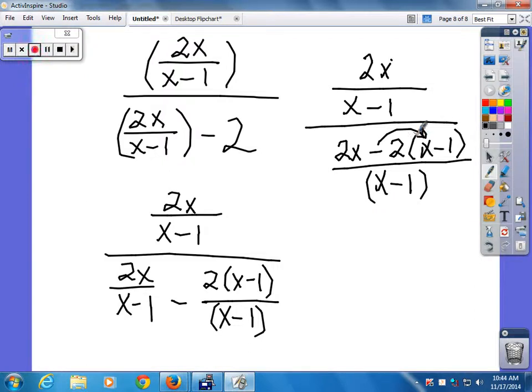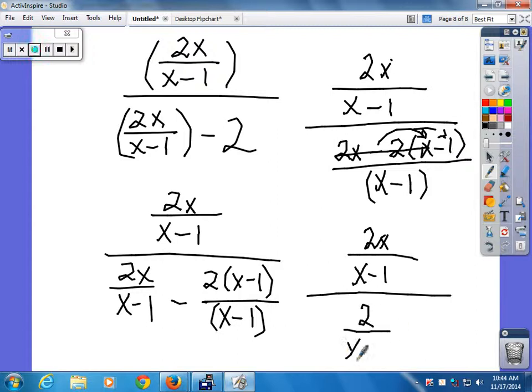Distribute this 2, we get 2x over x minus 1 over, what's 2x minus 2x? So you get that negative 2 times negative 1 is what? 2 over x minus 1? Yeah, that's what we're fixing to do. Good job. X minus 1 over 2.